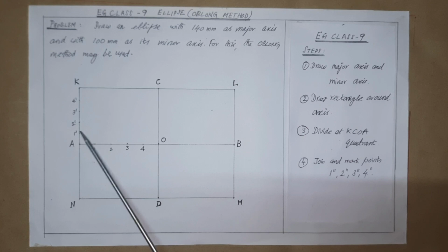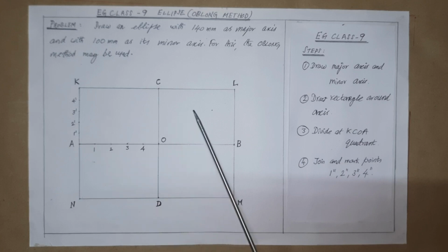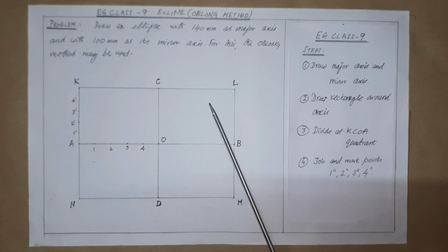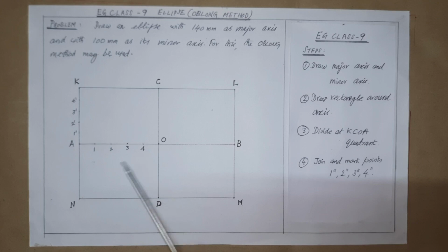A similar equal number of divisions should be maintained in other quadrants also for this problem to have uniformity in making the path of the ellipse. Now, give the numberings to the points as shown here: 1, 2, 3, 4 from left to right. Here also 1 dash, 2 dash, 3 dash, 4 dash.